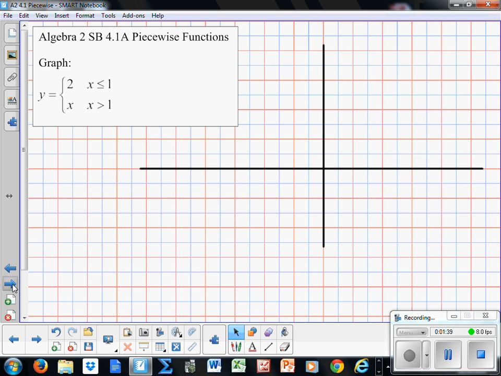The way I need you to think about this is, y equals 2 is one equation, and then a separate equation is y equals x. I'm purposely doing easier equations to start out, so that we can focus on what's weird about piecewise.